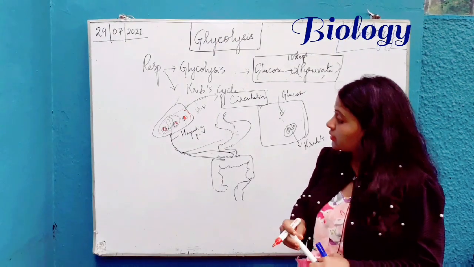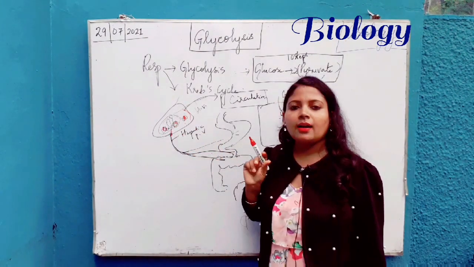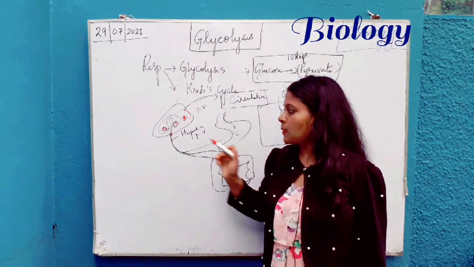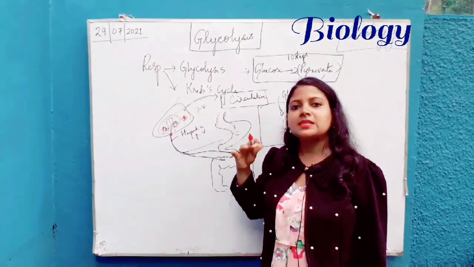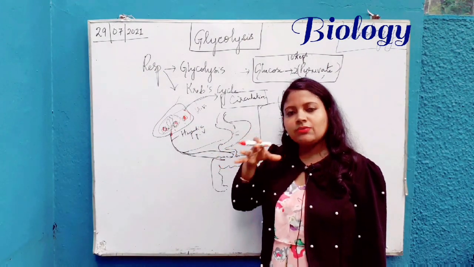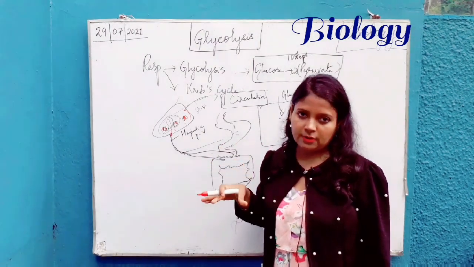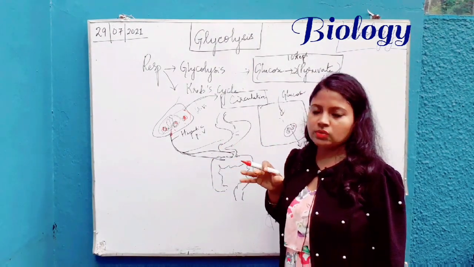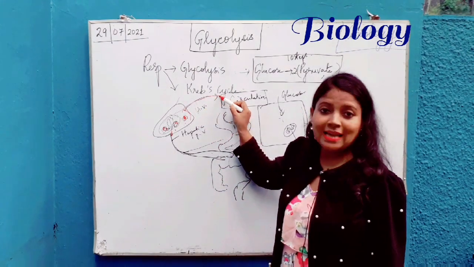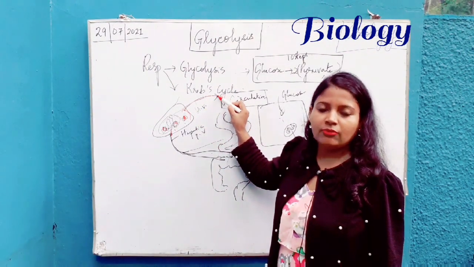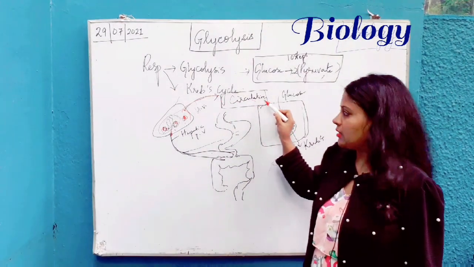Now, the function of the liver is that when the glucose in the blood enters the liver, the excess glucose will be converted into glycogen so that it can be stored in the liver. The remaining glucose which has to be transported will enter the circulatory system, that is heart and blood vessels.